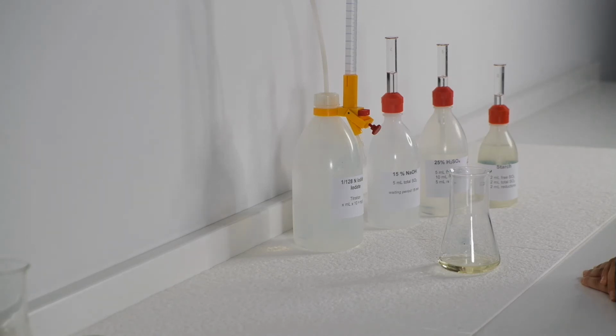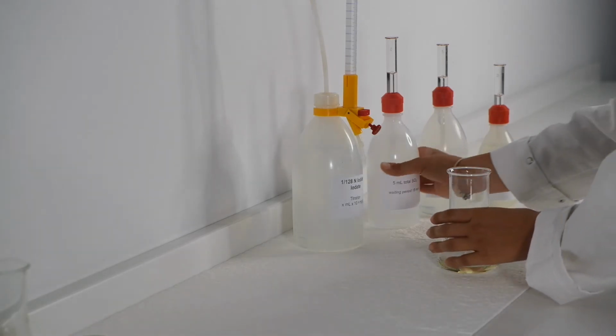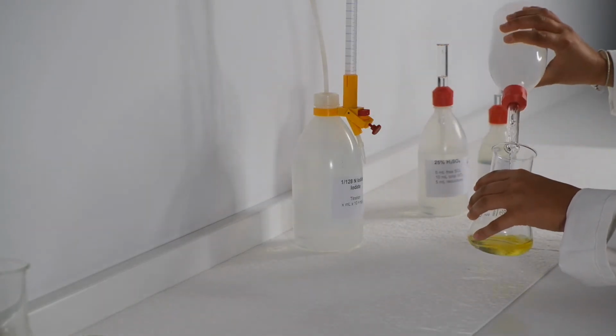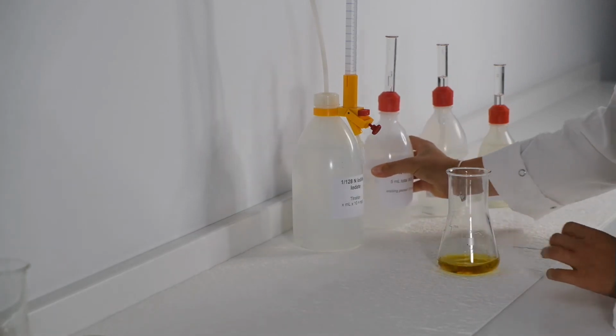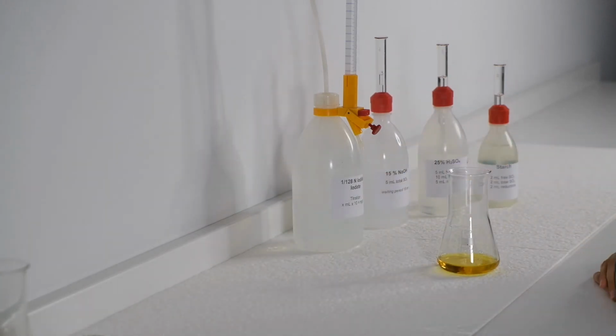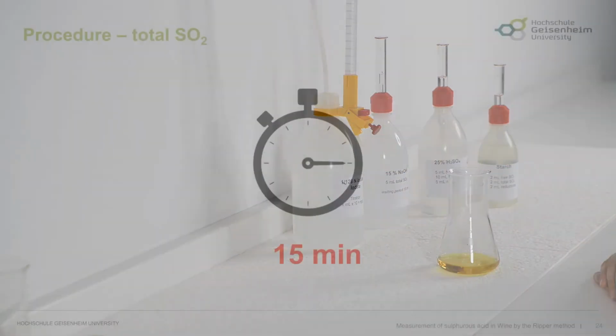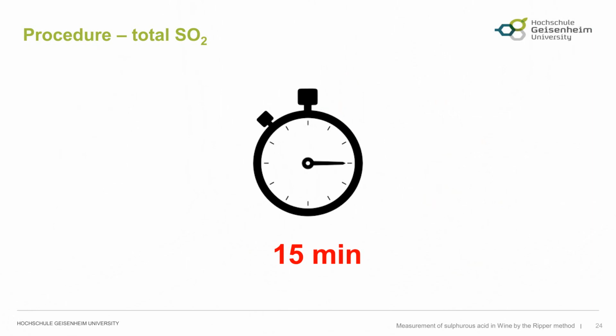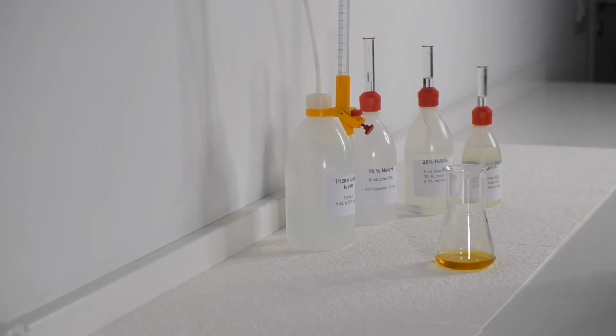Then we mix the wine with 5 ml sodium hydroxide. The flask is left to stand for 15 minutes. After 15 minutes, the iodine titration is carried out in the same way as before.